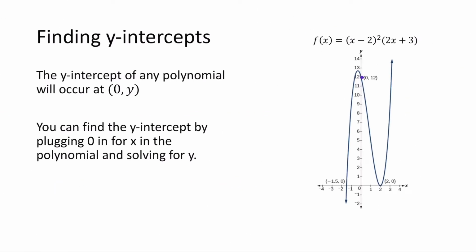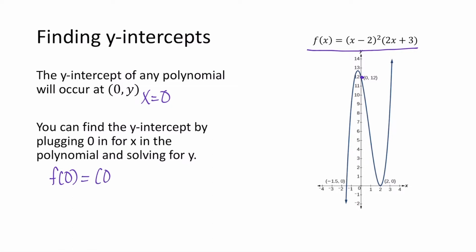We can also find the y-intercept of any polynomial, which will occur at the point (0, y). Remember, we said that x = 0 at the value of the y-intercept. So you can find the y-intercept by plugging in 0 for x into the original polynomial and solving for y. If we have this polynomial f(x) and we want to find the y-intercept, we would ask, what is f(0)?